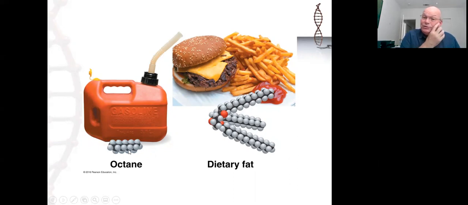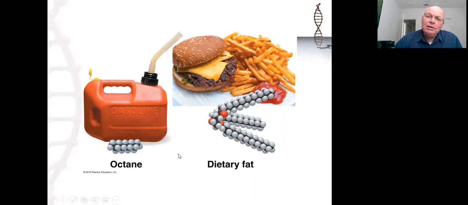This would be referred to as a hydrocarbon, because it's a carbon chain with hydrogens on it. And because there are only single covalent bonds linking these carbons together, and then everything else is hydrogen, we would say that this carbon chain is saturated with hydrogen.